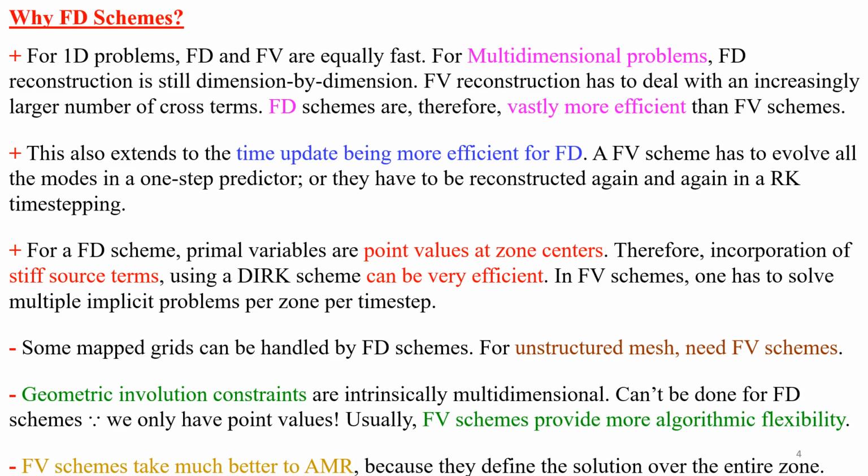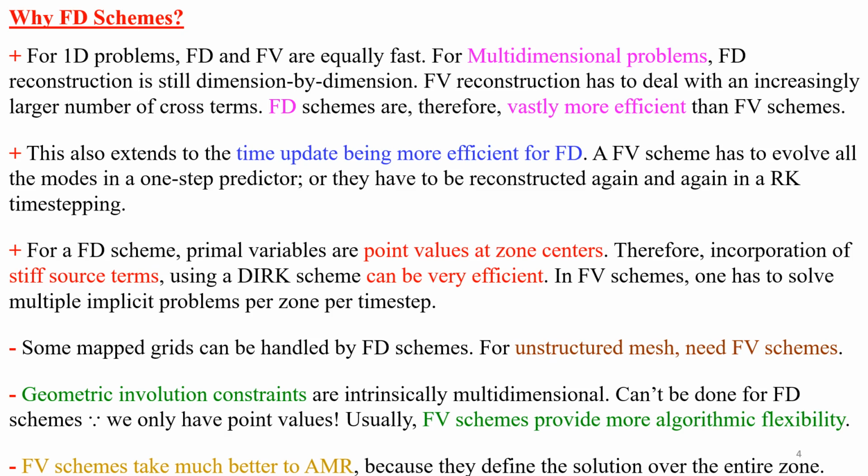So why would people choose finite difference schemes? It turns out that finite difference schemes are amongst the most well-cited schemes around, so they've clearly played an important role in science and engineering problems. That comes about because in one dimension, finite difference and finite volume schemes are both equally fast.